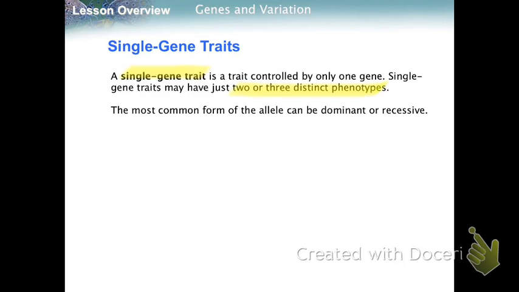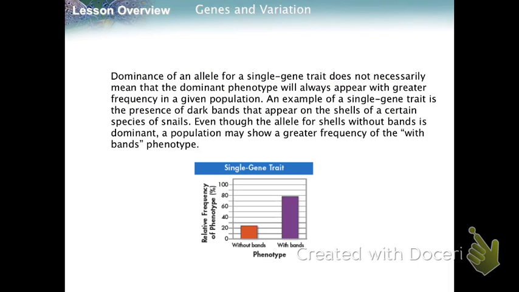If you talk about blood type, you can have 2 or 3 distinct phenotypes. You can have 3, actually, or 4 different types of blood if you have multiple alleles. But the most common form of the allele is dominant or recessive. It's not always what you think. Dominance doesn't necessarily mean most common.